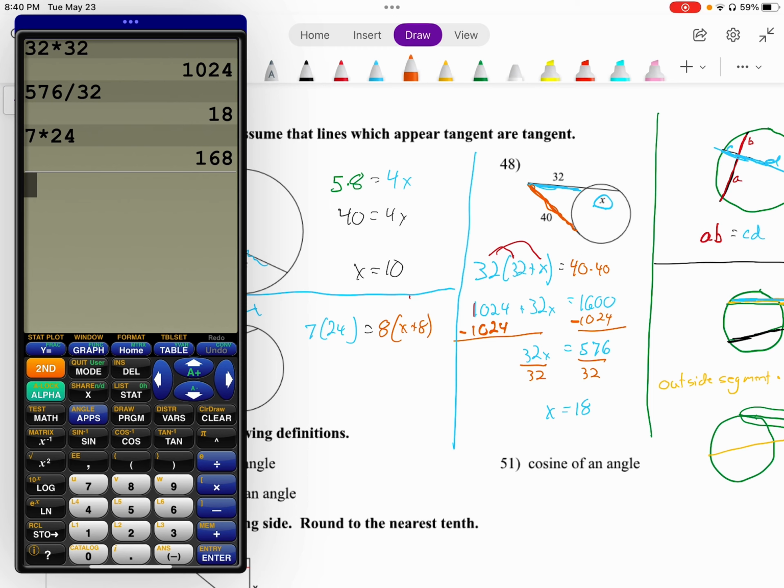So this is 168 equals, we'll distribute here, 8x plus 64. Subtract 64 from both sides. And you get 104 equals 8x, dividing both sides by 8, we get 13. So x equals 13.